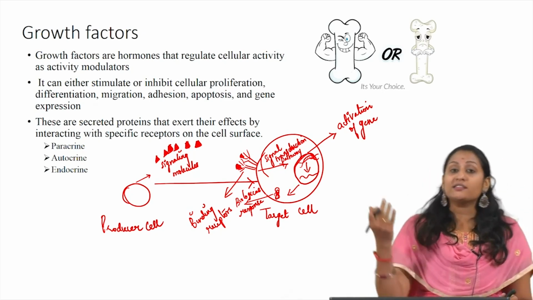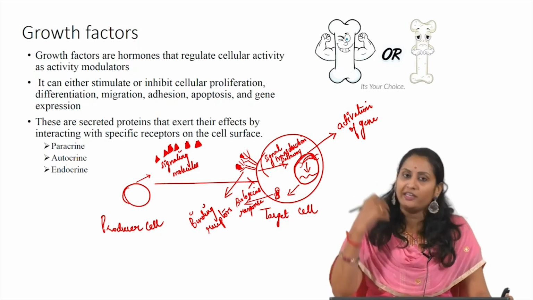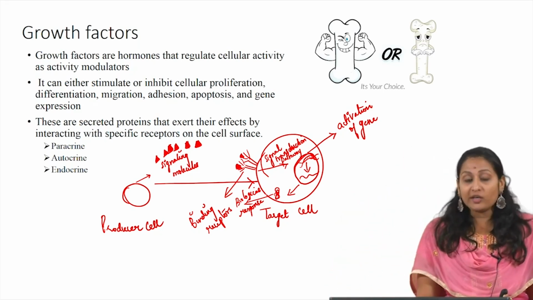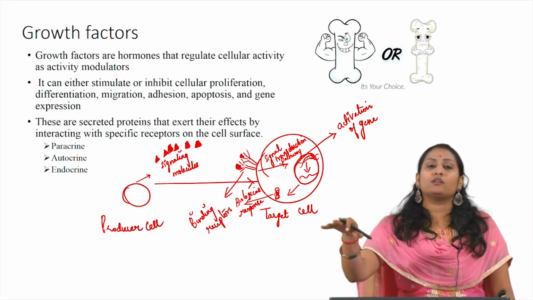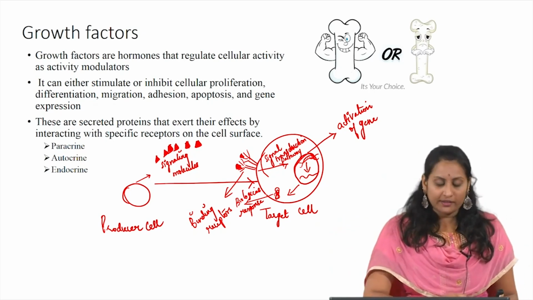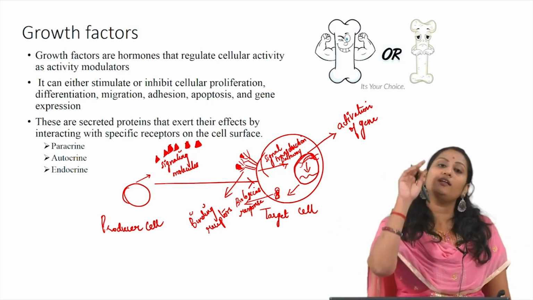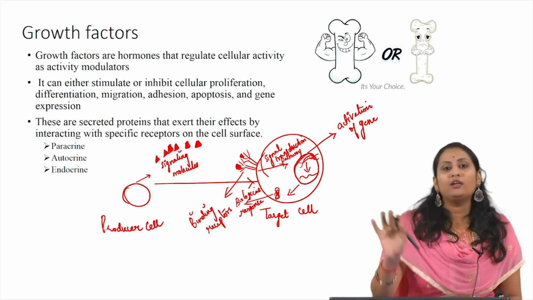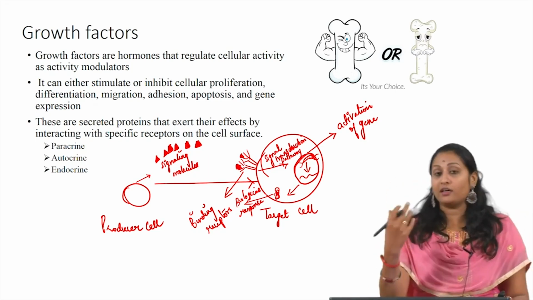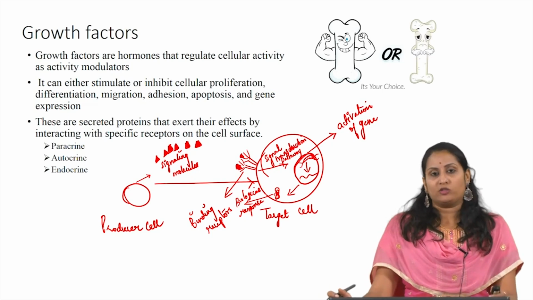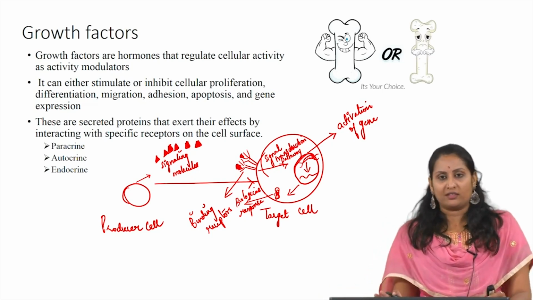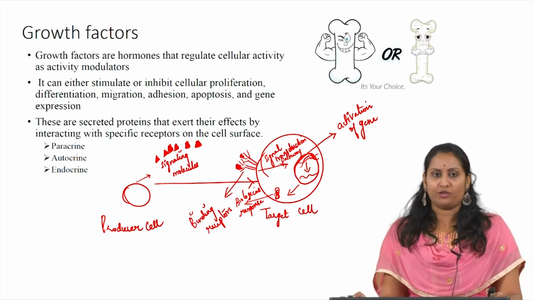In autocrine, as it defines, it acts on itself in the same cell. Endocrine is where it is transported through the blood and tissues, and at the targeted site it will enhance its property and elicit its response. So, this is all about the growth factors, the signaling molecules.